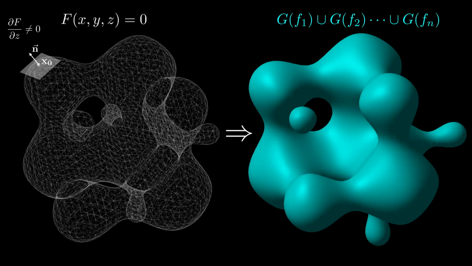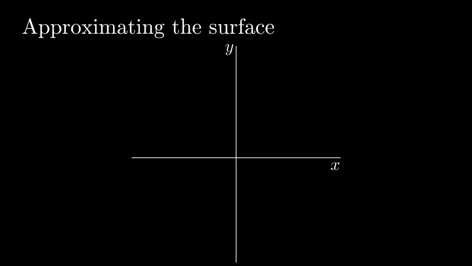And if this wouldn't be enough, our theorem gives us even more. If you're not satisfied with this, there is even more. Here it is. The implicit function theorem also helps us to approximate the surface. Here's how. We're going to see very fast again our 2D case.